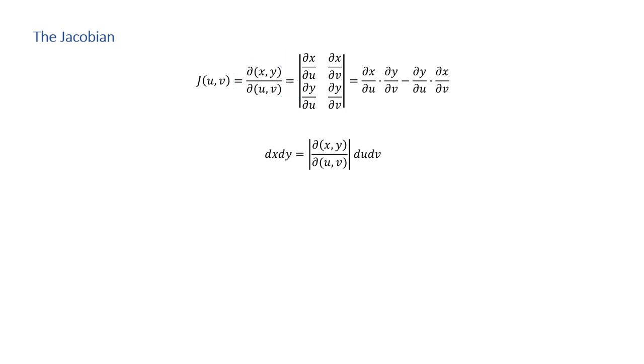I'm going to define my Jacobian using this kind of determinant notation that we've done in the past when we talked about, for example, cross products. So I'm going to create a matrix. I'm going to put the derivative of x with respect to u, derivative of x with respect to v in the top row, and then in the bottom row, derivative of y with respect to u, derivative of y with respect to v.